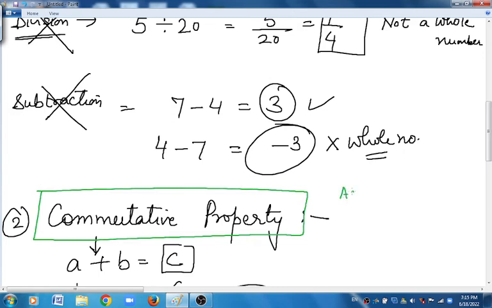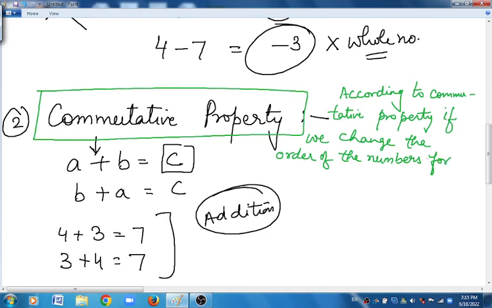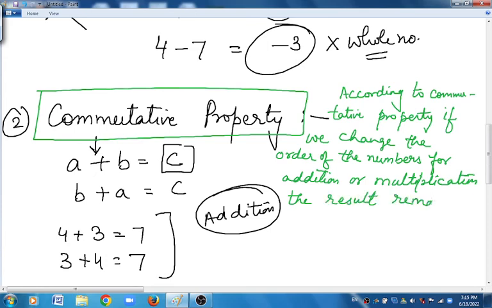According to commutative property, if we change the order of the numbers for addition or multiplication, the result remains same. So this is the commutative property.